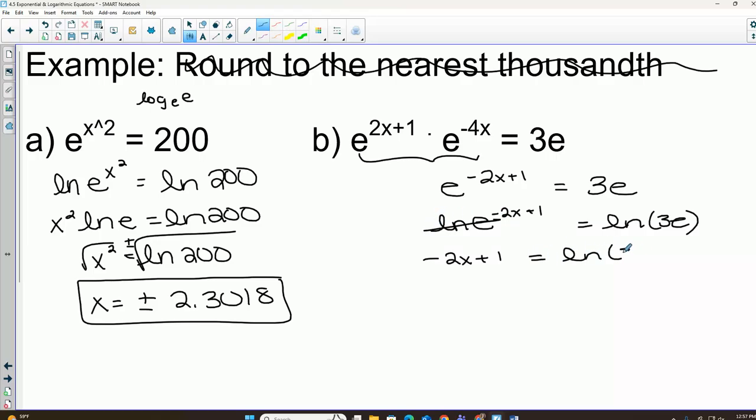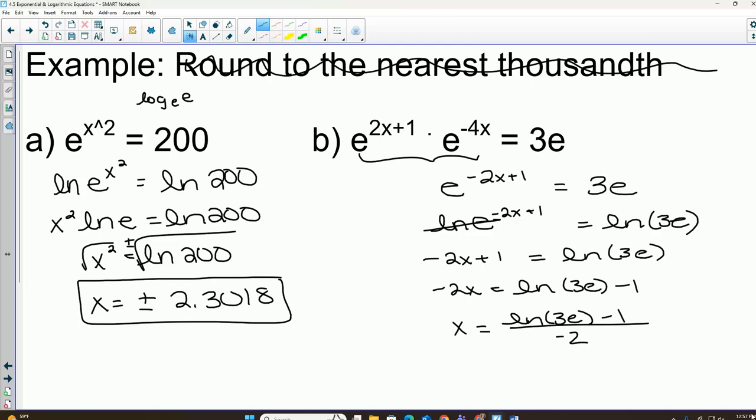It doesn't work over here because we have a 3e. So what would I do to get x by itself? x is the natural log of 3e minus 1 all over negative 2.